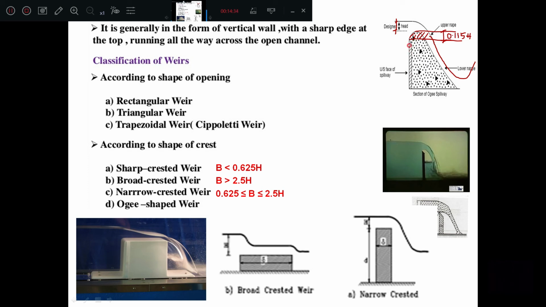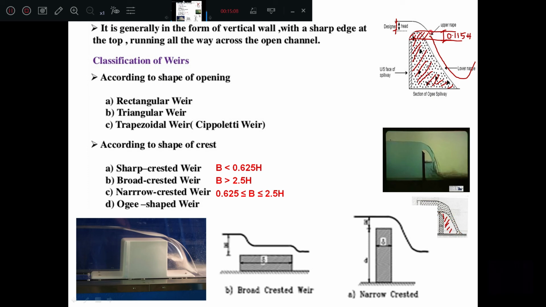It is not simply a vertical wall, it is completely filled with masonry or concrete. You might have seen the spillway of a dam, it will be in this shape. If you take other types of weirs, like a broad crested weir or a sharp crested weir, here in a sharp crested weir there won't be any material filled, it simply falls freely into the downstream side.